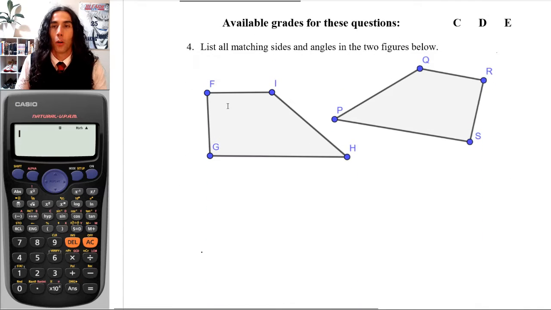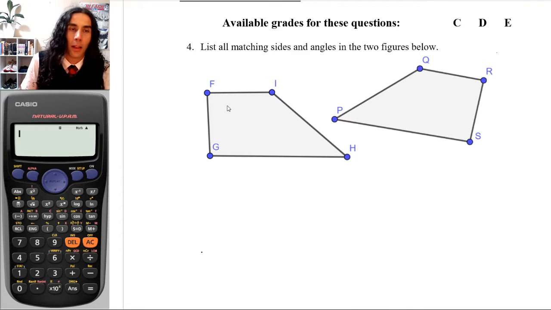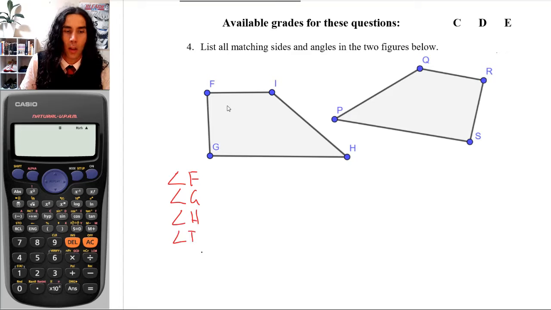All right. This one will take a bit of time. List all matching sides and angles. Have a go. Answer in 5, 4. So, if you want to be precise with your angles, you'd say angle IFG or something like that. But I'm going to be lazy and say angle F, angle G, angle H, angle I. What are those equal to?